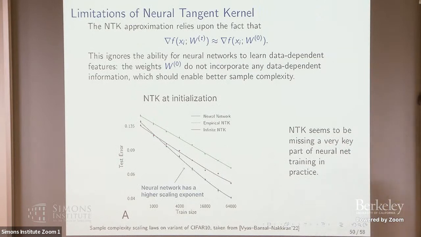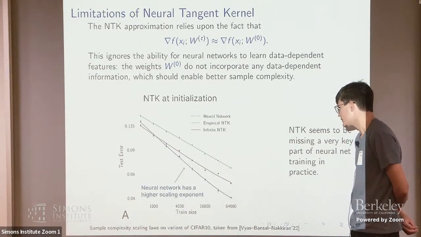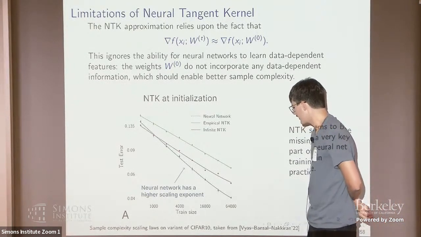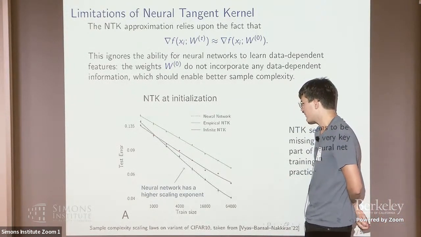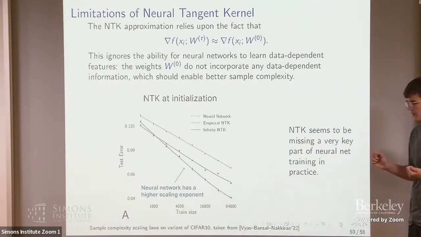This is some work by Nikhil Vyas and co-authors that looks at a variant of the CIFAR10 problem. What they're looking at here is how the test error decreases as you increase the sample size. And what you observe is that the neural networks that are not in this NTK regime have a much better sample complexity than these NTKs, either the empirical version or the infinite one.